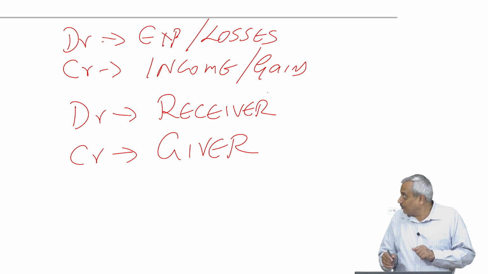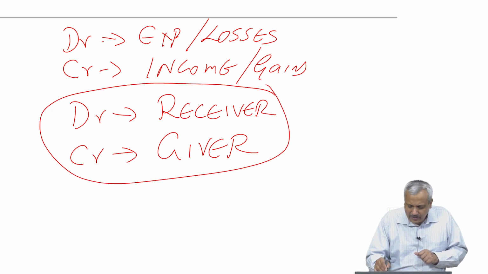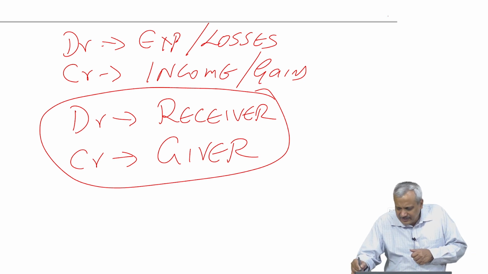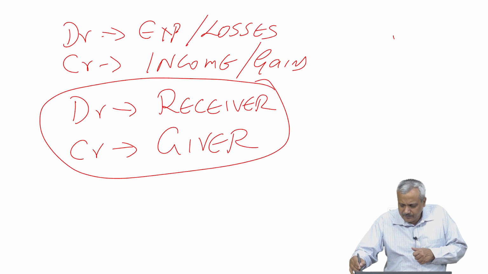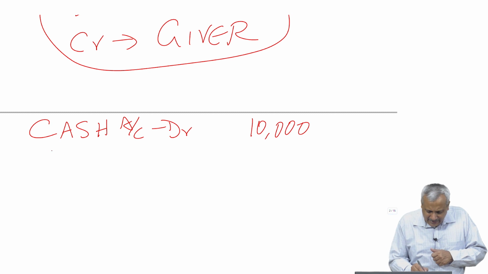You apply the personal account principle: debit the receiver, credit the giver. Nadkarni is giving that cash. So basically, in this case, I will say to Nadkarni's capital account.